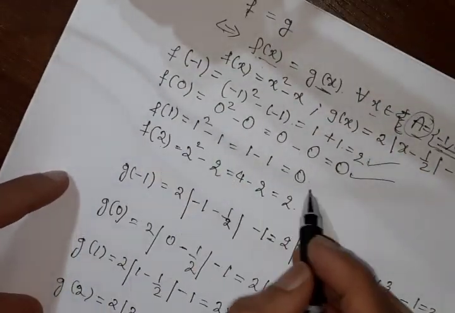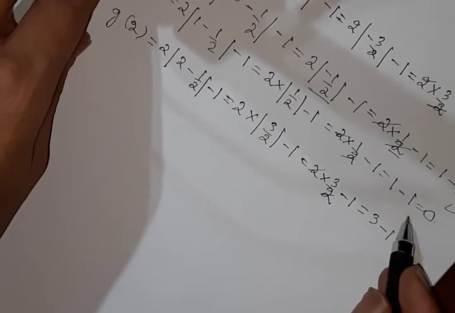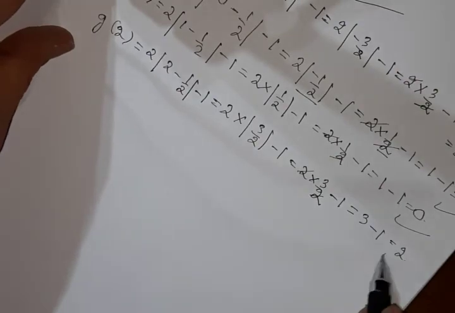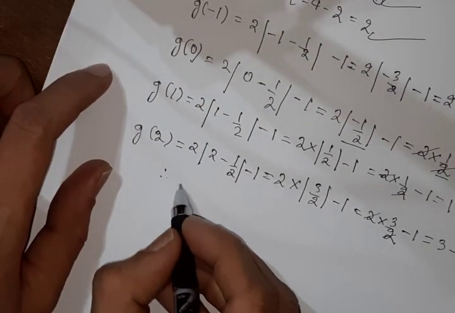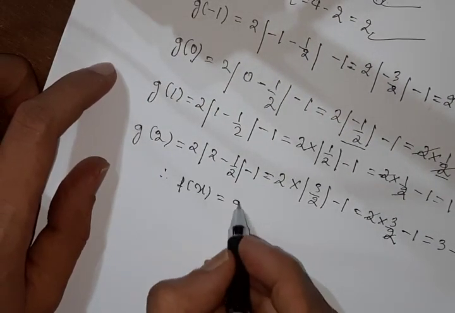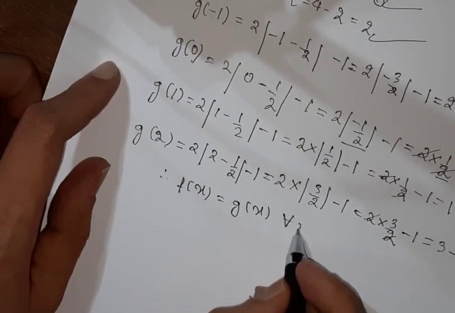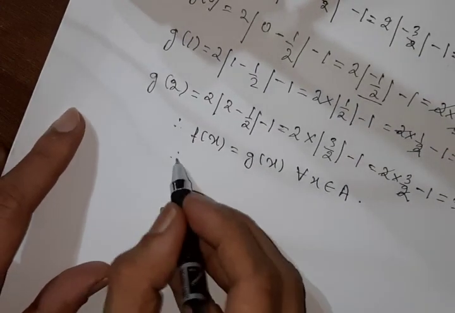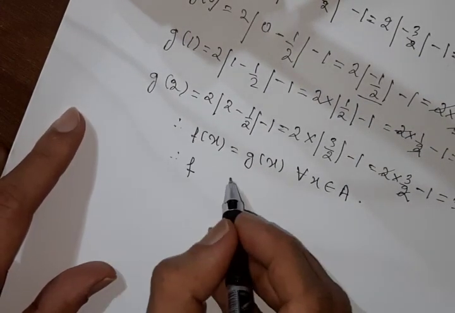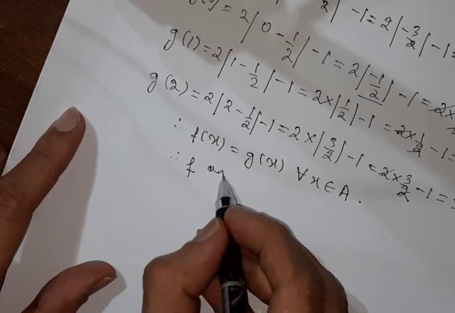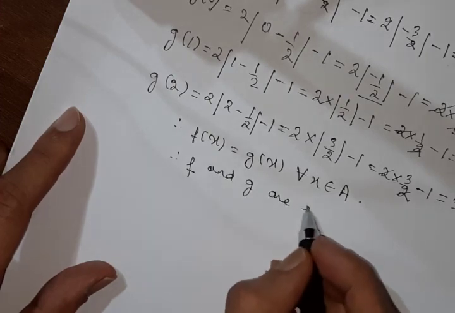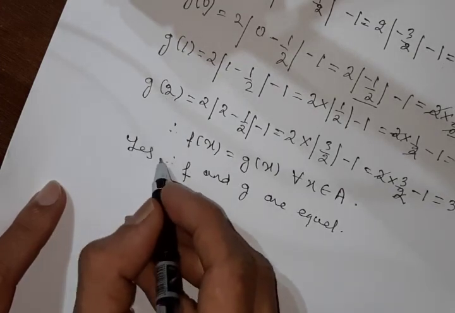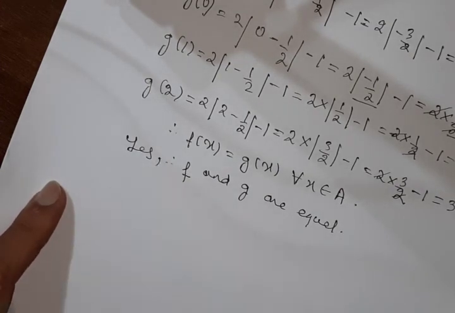Then f of 1 is 0, and g of 1 is 0. Then f of 2 is 2 and g of 2 is also 2. So therefore f(x) is equal to g(x) for all x belonging to the set A. So we can say that f and g are equal. So the answer is yes, f and g are equal.